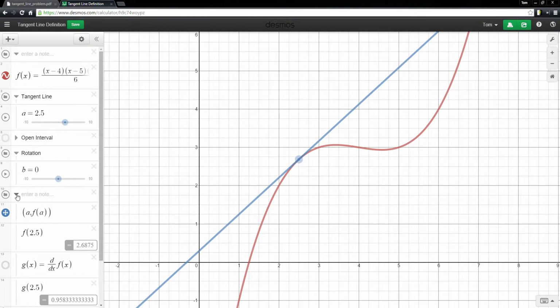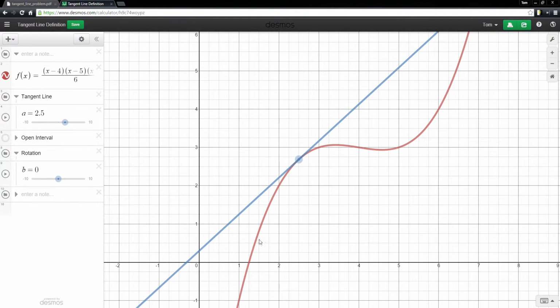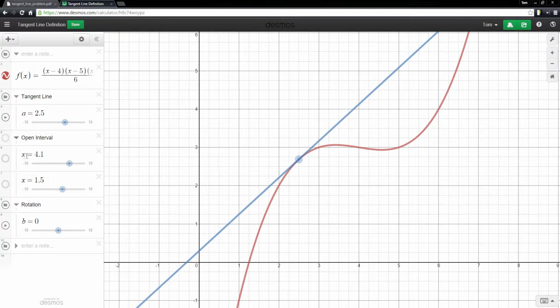On Desmos, you can see here I've graphed a tangent line, right? And so this line just kind of skims in and hits the graph right here. And let's just say these green lines are the open interval that we're talking about. So between these two green lines, the line just intersects the curve in one spot right here.